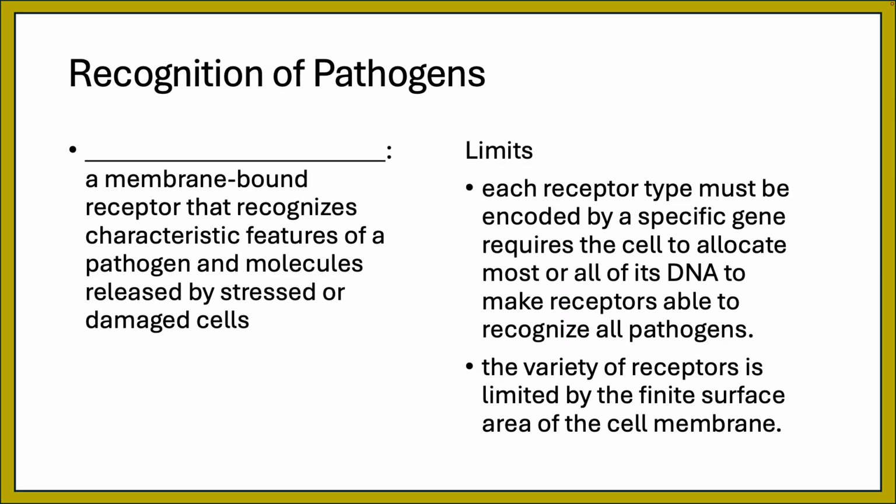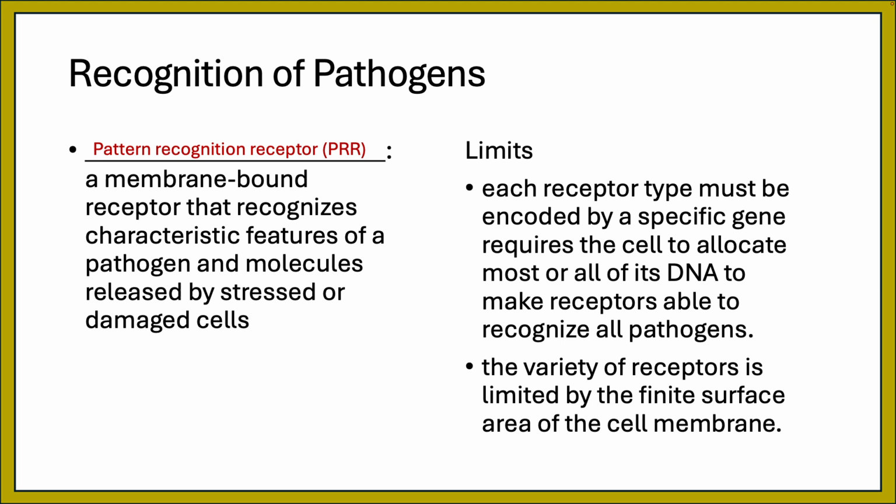So how do the cells recognize pathogens? Well, pathogens generally have a feature that is known as a pattern recognition molecule. The pattern recognition receptor is going to be something that recognizes characteristic features of the pathogen.